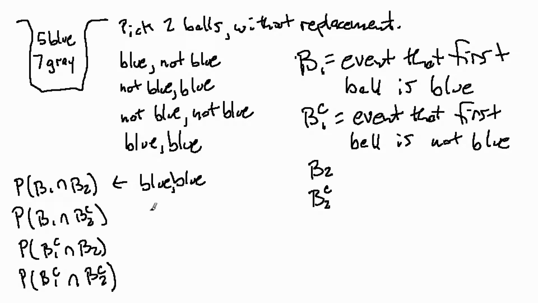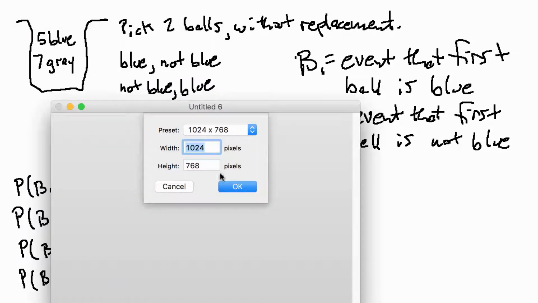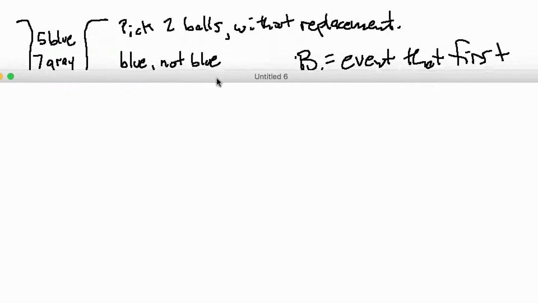So let's think about a couple of things here. In our original urn, there were 5 blue and there were 7 gray.